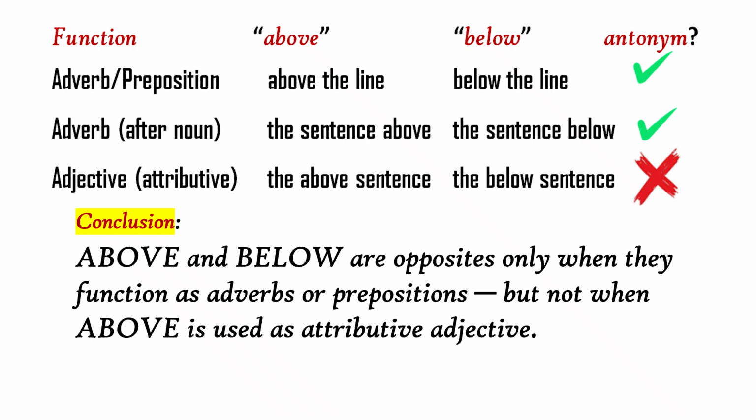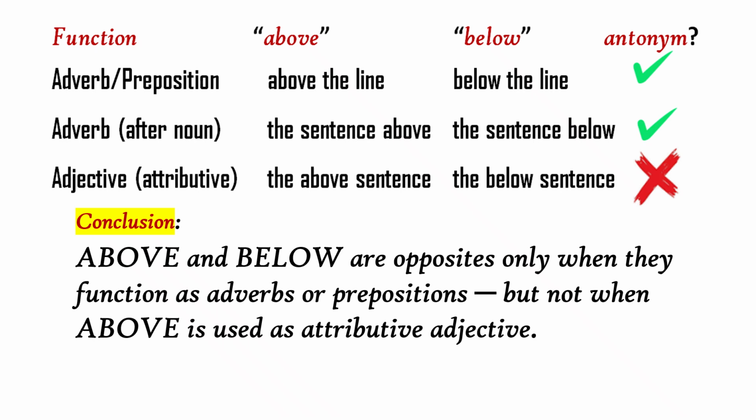The above sentence is a third use of the word above as an attributive adjective, but below is not used as attributive adjective. So as adverb or preposition, it's okay. But as attributive adjective, the above sentence is correct, but the below sentence is incorrect.